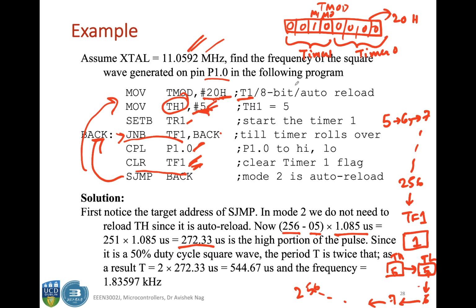Since it is a 50% duty cycle, the period T is twice that, so you have 544.67 microseconds, and therefore the frequency is 1 over 544.67 microseconds. That gives you 1.83597 kilohertz.